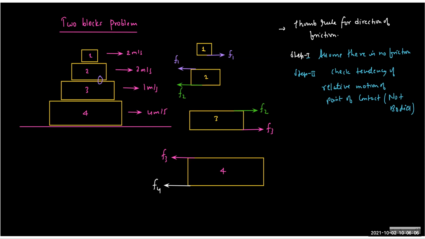Okay. So assume there is no friction. Step 2 is check tendency of relative motion of point of contact. So friction always opposes the relative tendency of motion of point of contact.